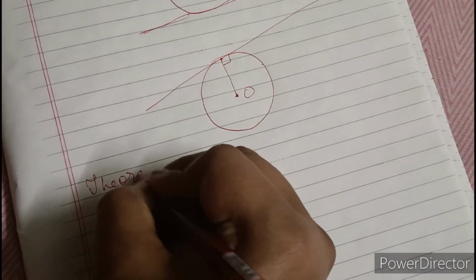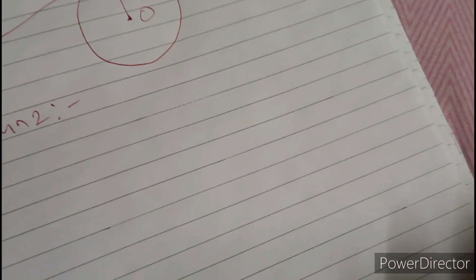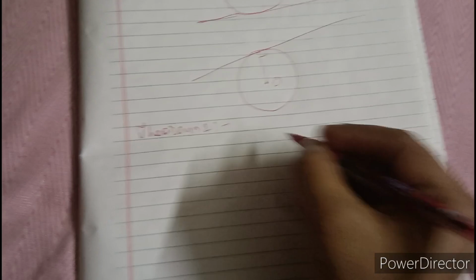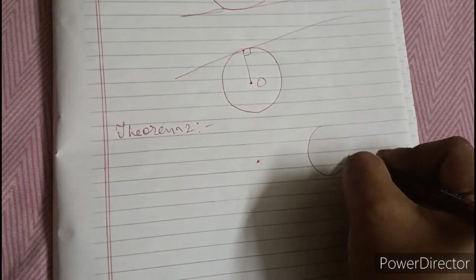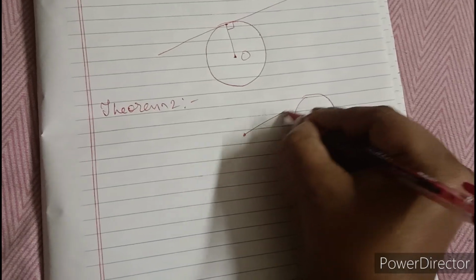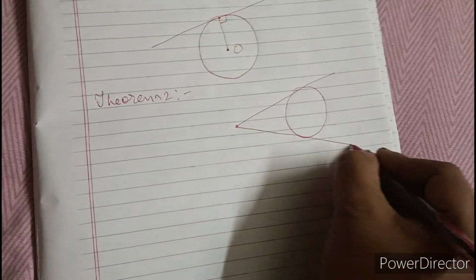Second theorem, theorem 2 states that if a tangent is drawn... before doing that theorem 2, let us know that from an external point we can draw two tangents. We can draw only two tangents to a circle.